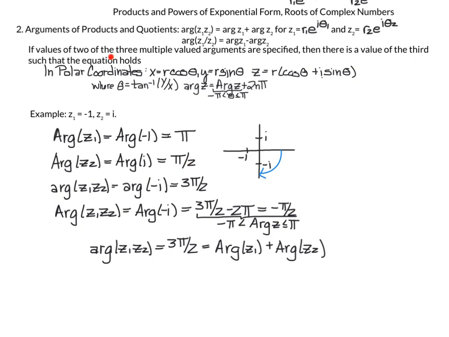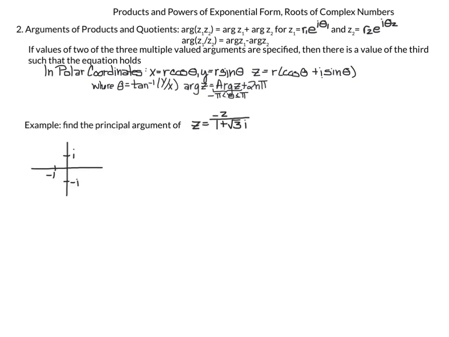But if we had these two values, z1 and z2, then we can find a third value in the space of the lowercase args that satisfies the equation. In particular, if we have arg z1 z2, which is 3 pi over 2, it's these two values here that will satisfy the equation.